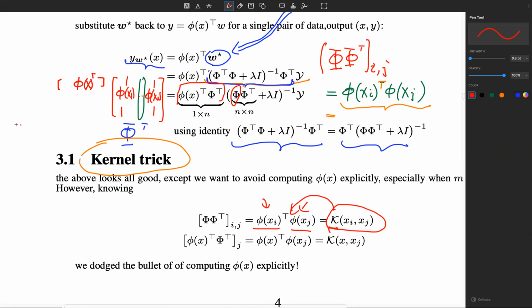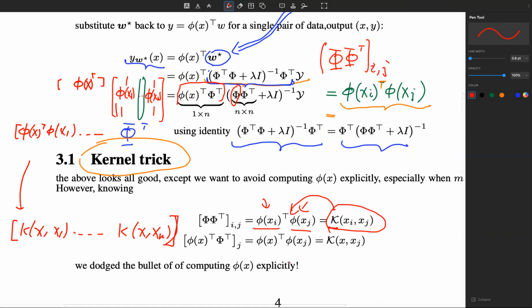So what's the first one? The first one is phi x transpose phi x1. The last one will be phi x transpose phi xn. So that's going to give me k(x, x1). The last one will be k(x, xn). Okay. That's it. So that gives me this.